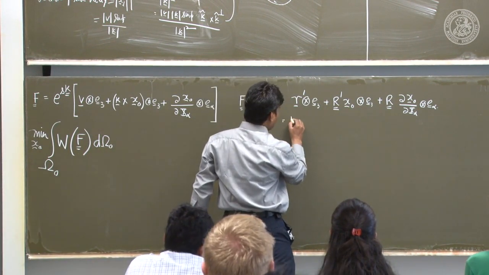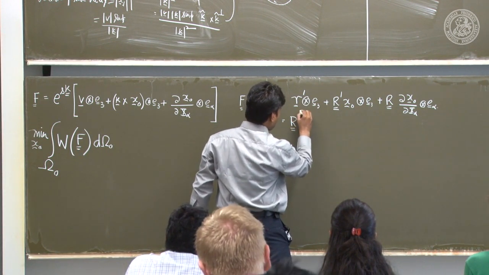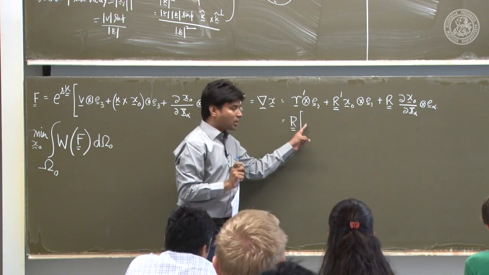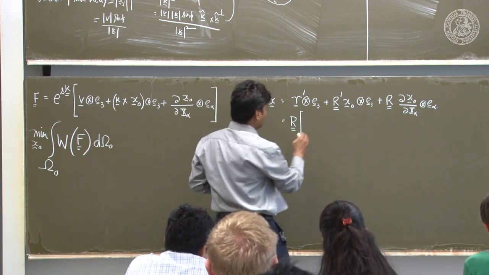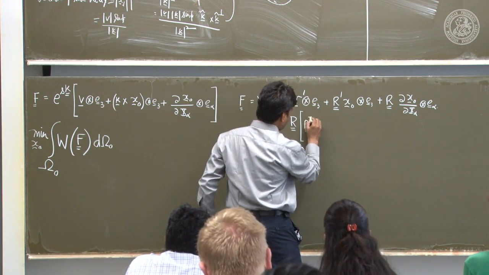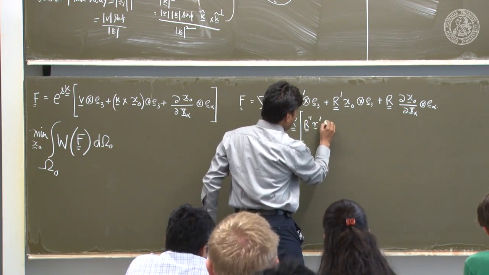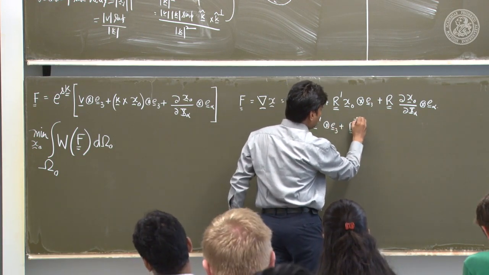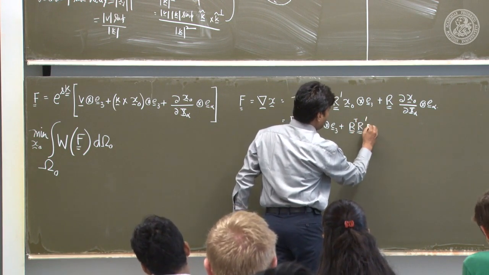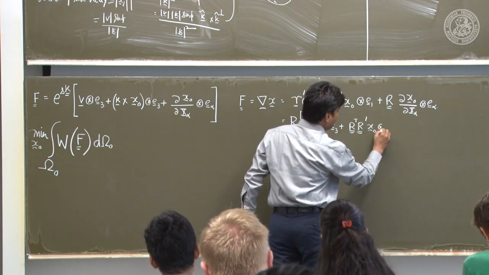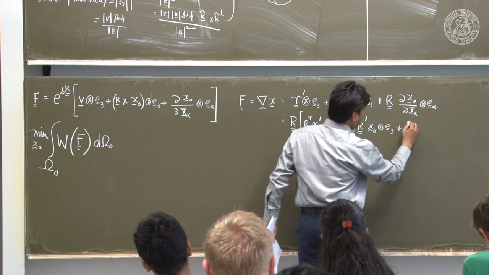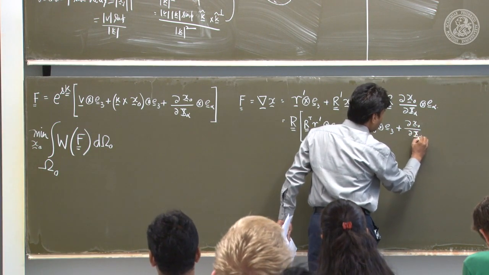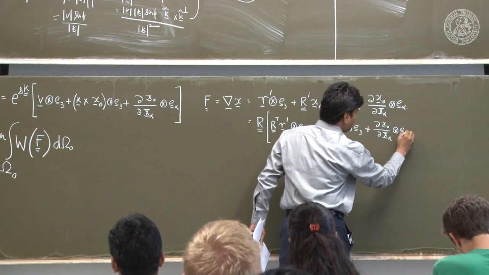And then you take big R common. Then over here you will have big R transpose little r prime tensor product E3 plus big R transpose big R prime little x naught tensor product E3 plus del of little x naught over del x alpha tensor product E alpha.